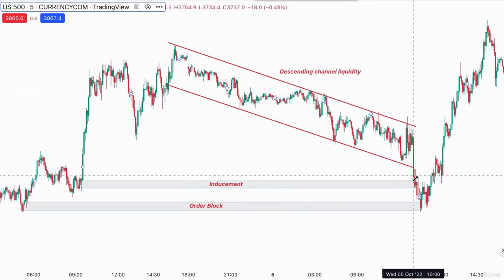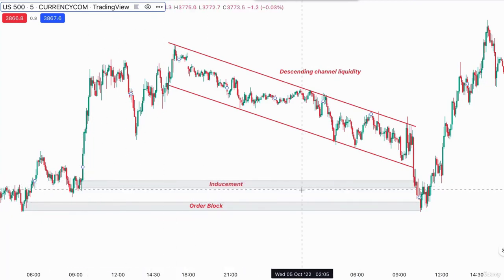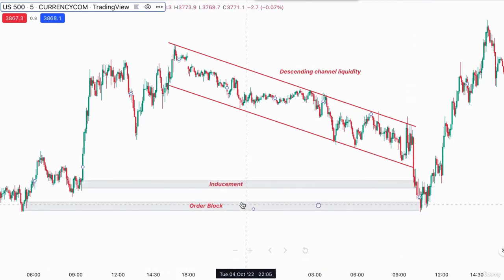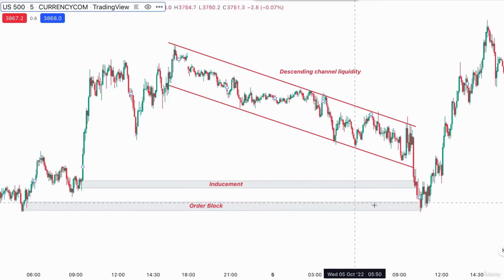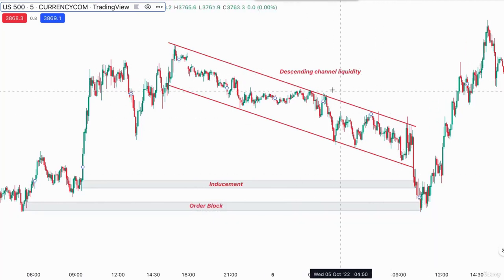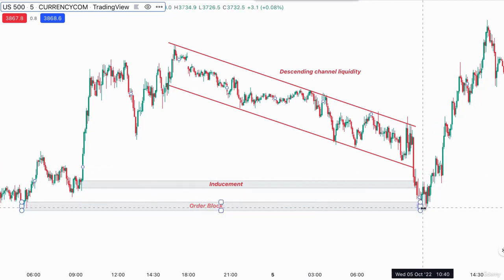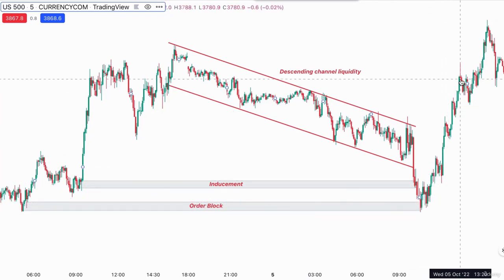Price made a small fake bullish reaction with this green candle at the level of this order block before dropping lower to the lowest one. As smart money traders, we already know that liquidity has been left above this pattern, so we wait for inducement to happen before taking a long entry.